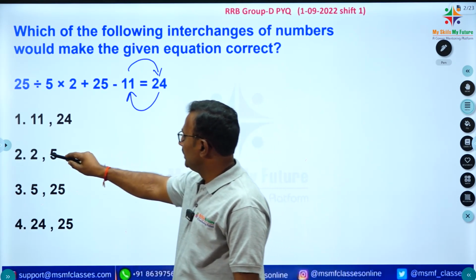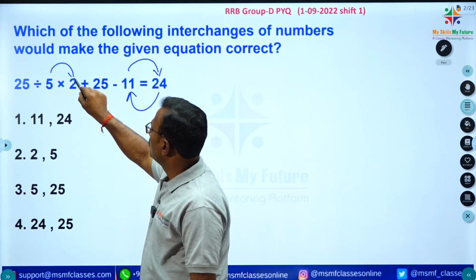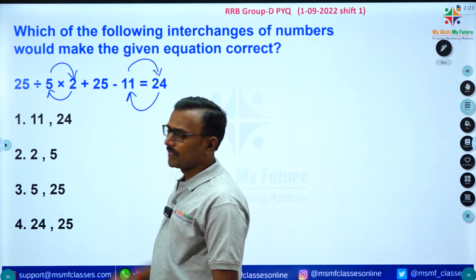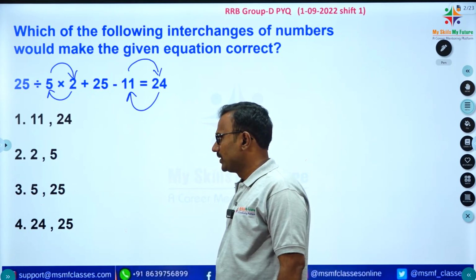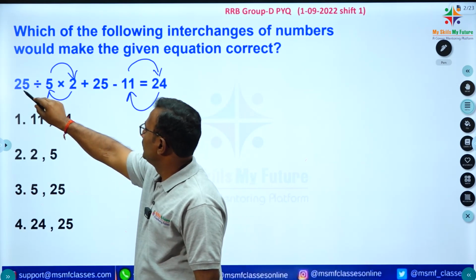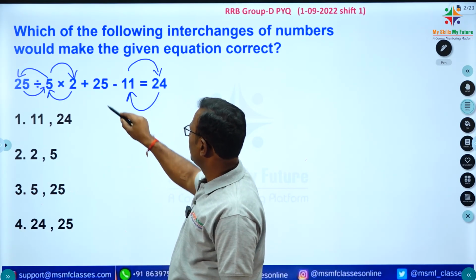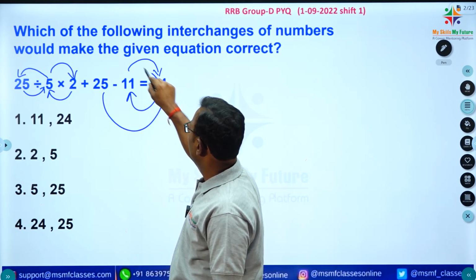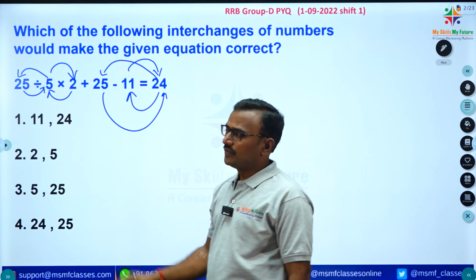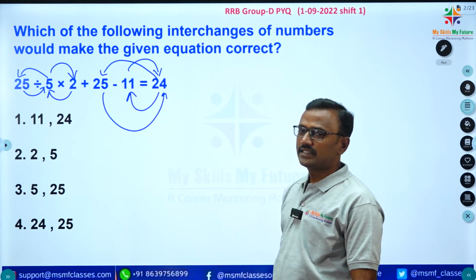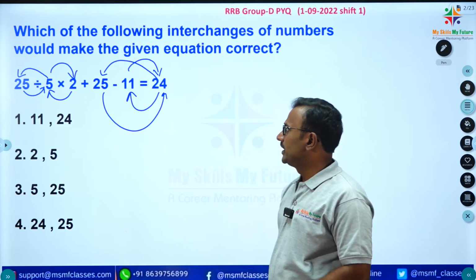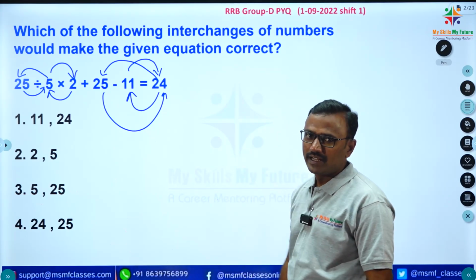Or if you interchange 5 and 25, or 24 and 25, is the equation correct or not?